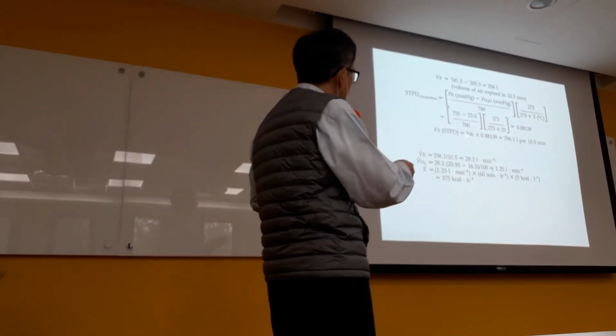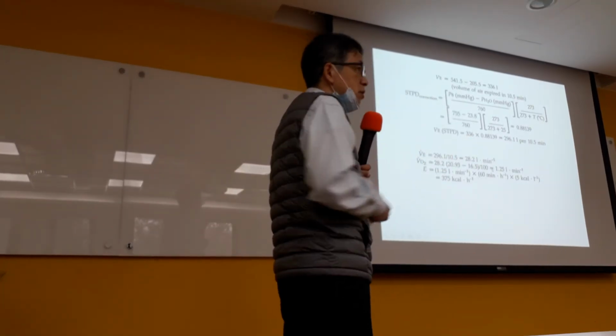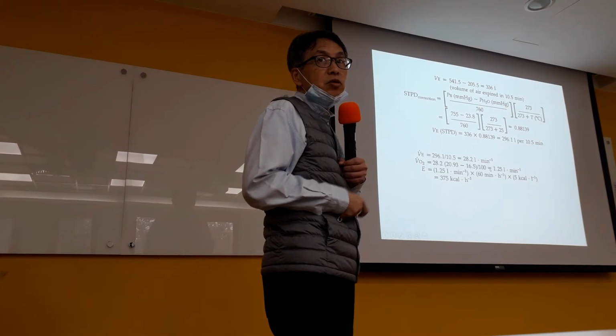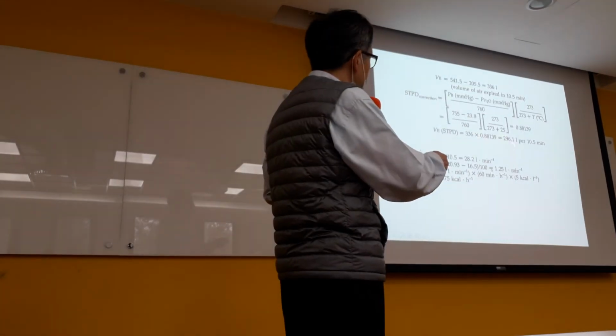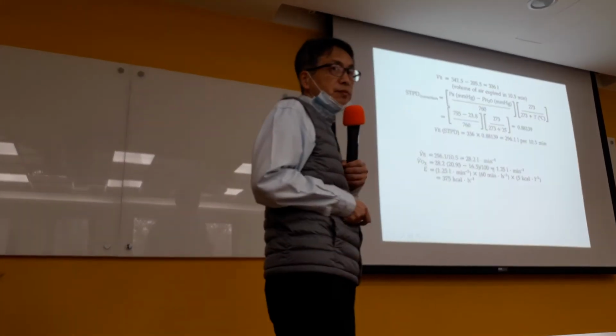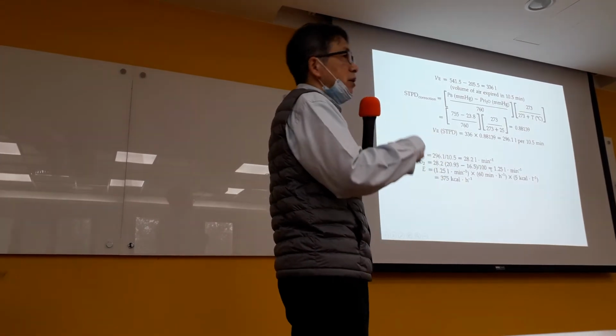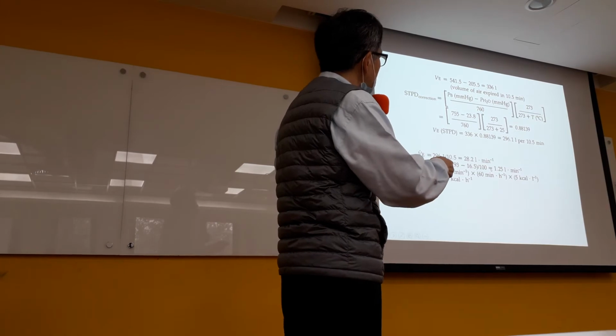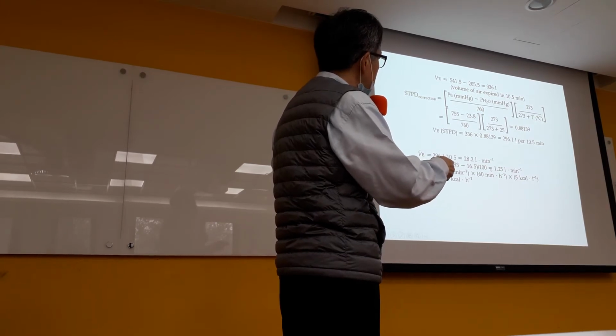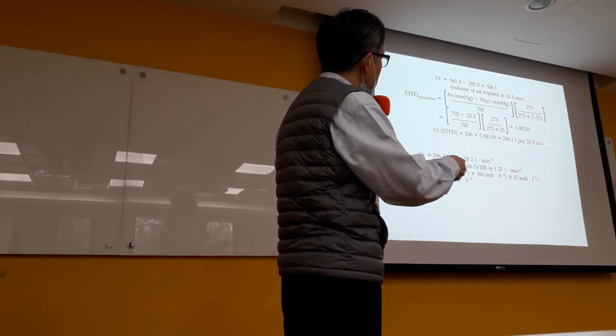However, if you are doing it in Bandung, maybe it's this. So you have to correct it back to sea level. So actually the air output is only 296.1 liter per 10.5 minutes.